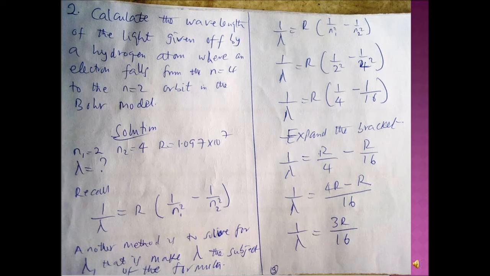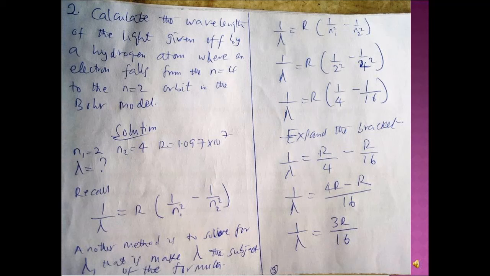As soon as it is made subject of the formula, like we have done, you expand the bracket by multiplying through with what we have outside, which is R. You see, if you multiply R by 1 over 4, you have R over 4. Then you have minus R times 1 over 16, which is R over 16.